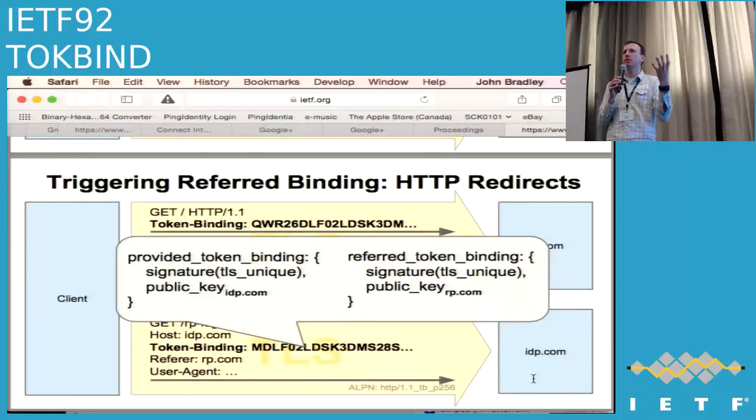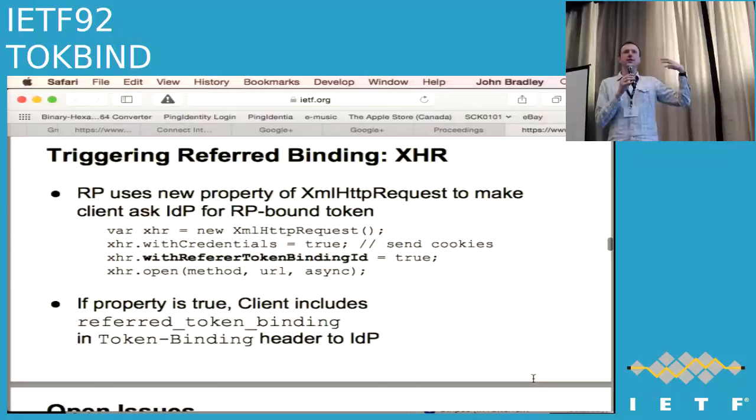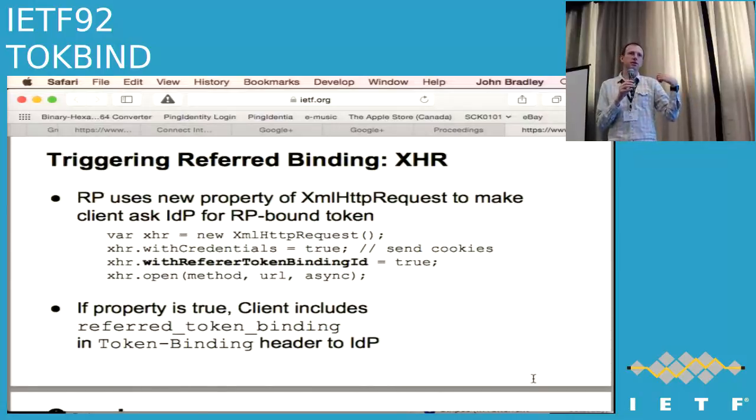Okay. All right, forward. Right, so this was the second way of signaling to the client that the proof of key possession for this other key that they're not normally using with an IDP should please be provided to the IDP. And so in XML HTTP requests and this API that exists today, there is already a bunch of flags you can set before you fire off the XHR.